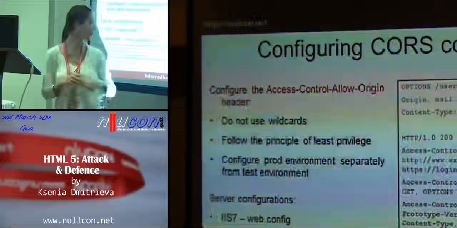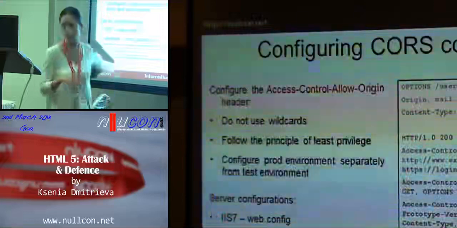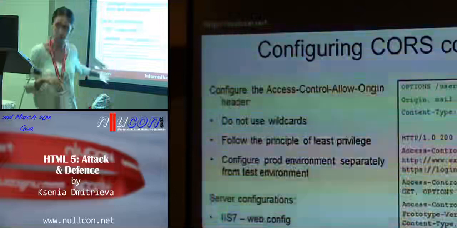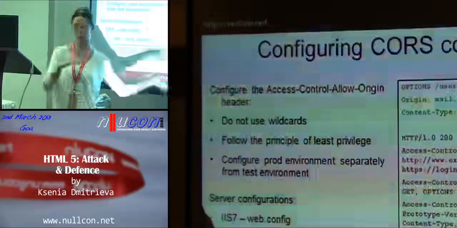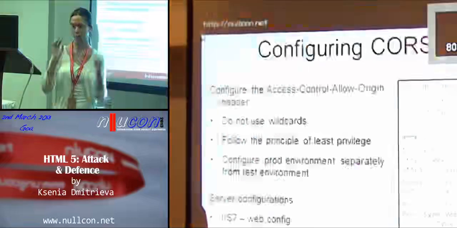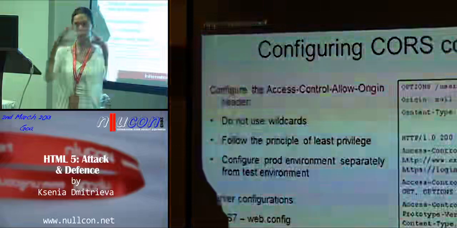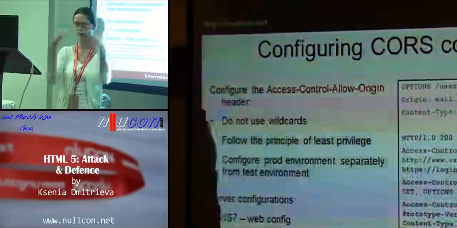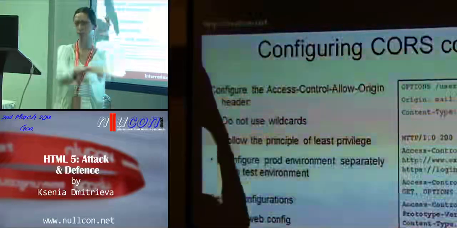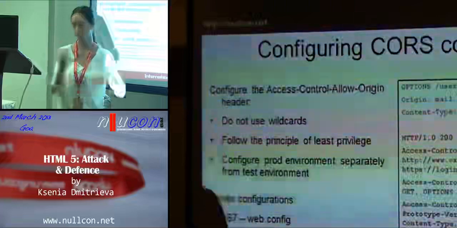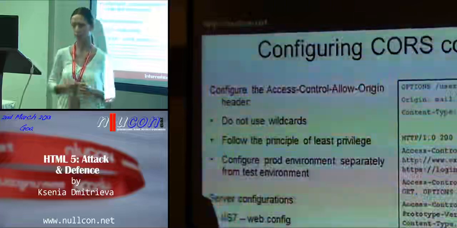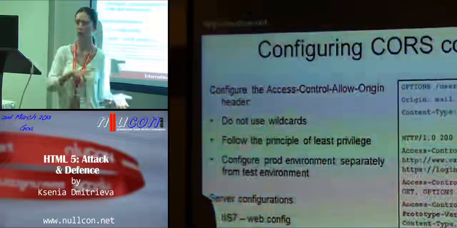Yeah, I understand. So you have the header set on the server, right? Okay. So it will not go to the application, because on the server level, it will say, okay, the request did not come from where it should, so it will stay on the web server level, and it's not going to go to the application. It's not going to be processed. It will not be processed on the server as well? Not in your application.